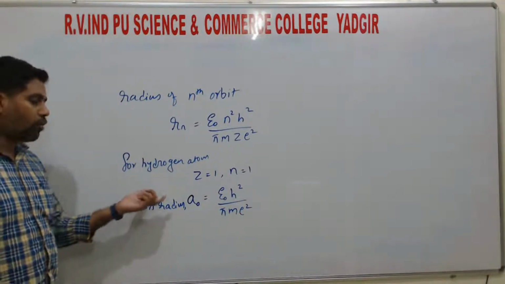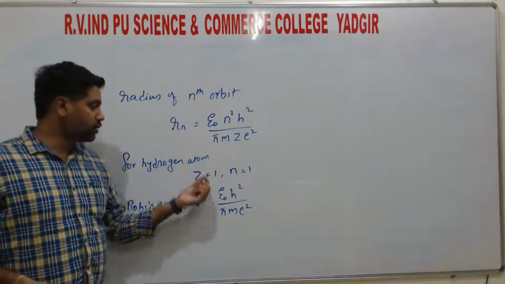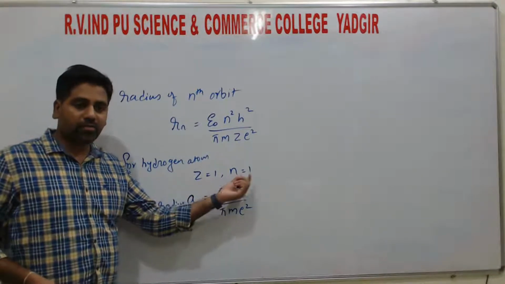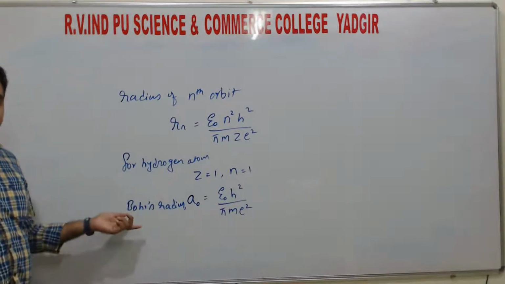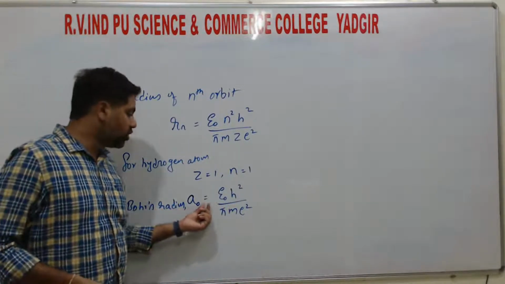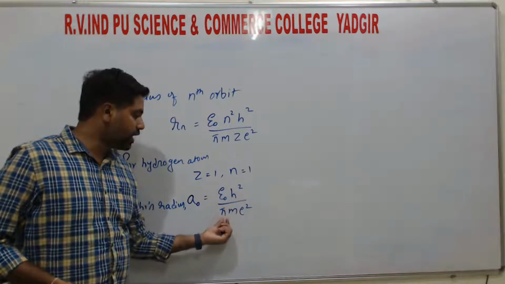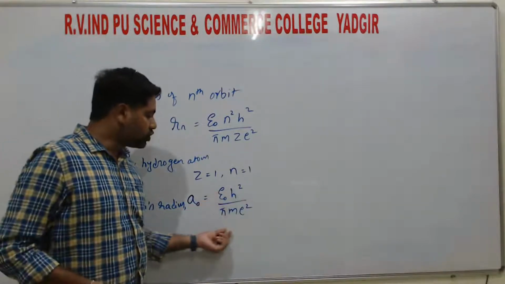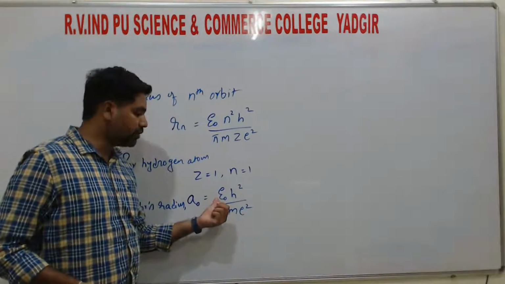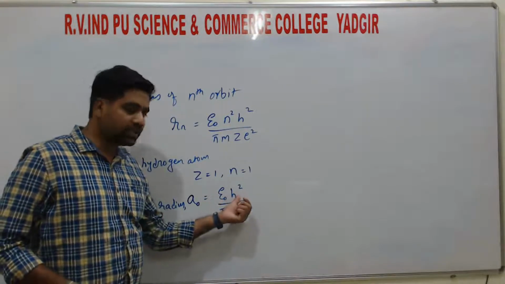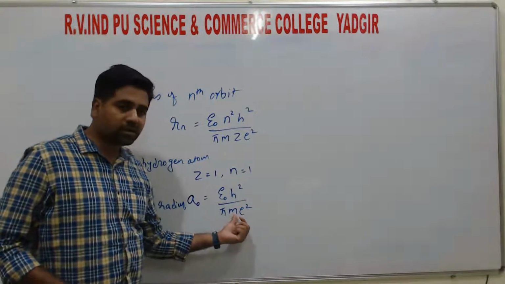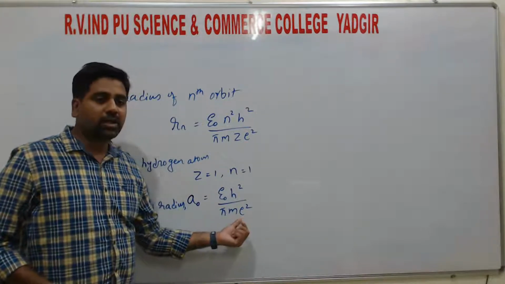For Bohr's radius, we need to substitute the value Z equal to 1 and n equal to 1. Then we get the Bohr's radius a naught equal to epsilon naught h square divided by pi m e square. All these values are constant: epsilon naught is constant, h is the Planck's constant, pi is also constant, the mass of the electron is constant and the charge of the electron is constant.